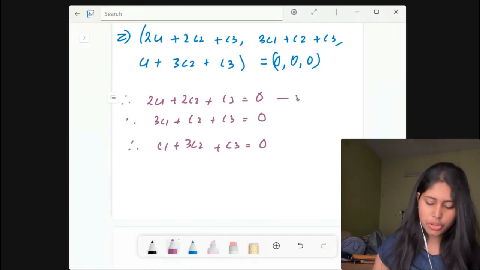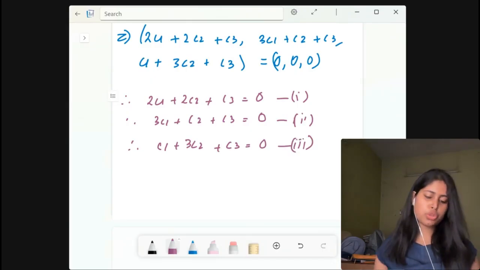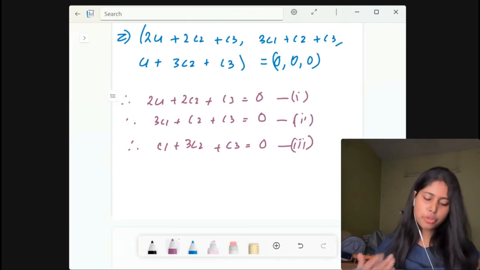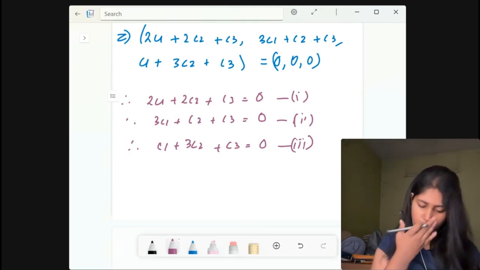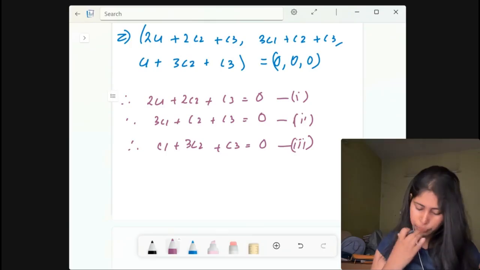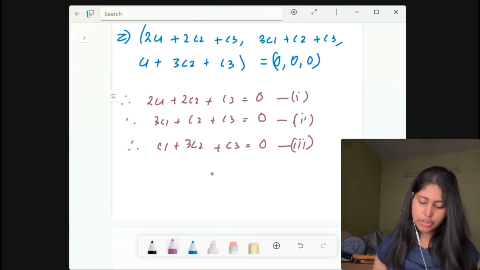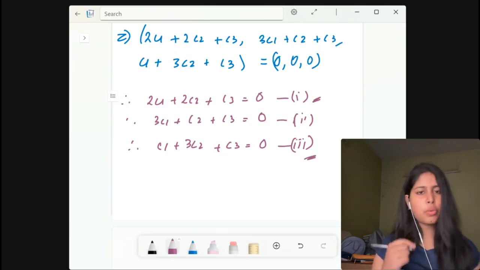So write it down: equation 1, equation 2, and equation 3. Now see, how do you approach this problem? If you subtract equation 3 from 1, let us see what we get.